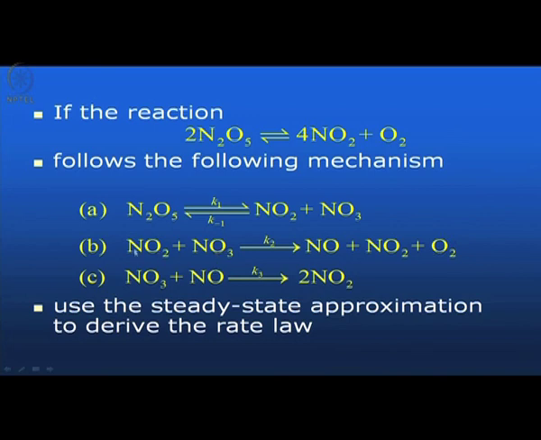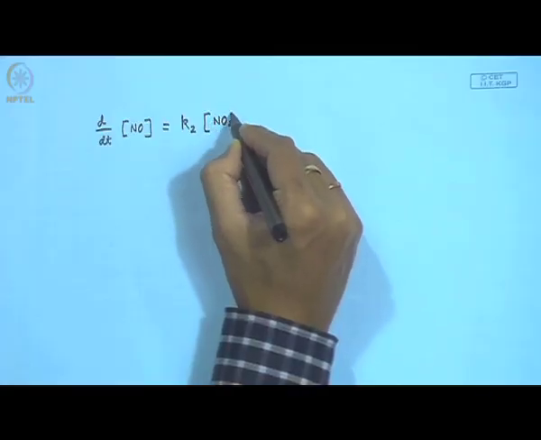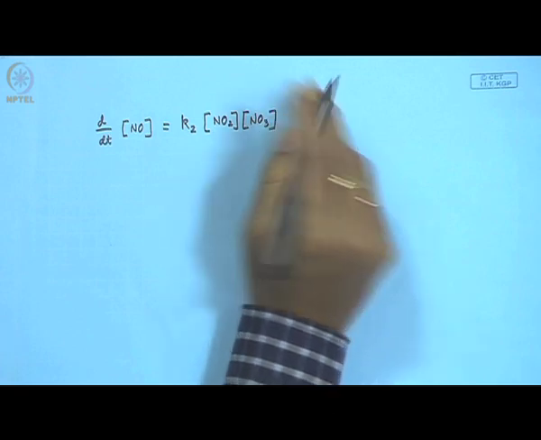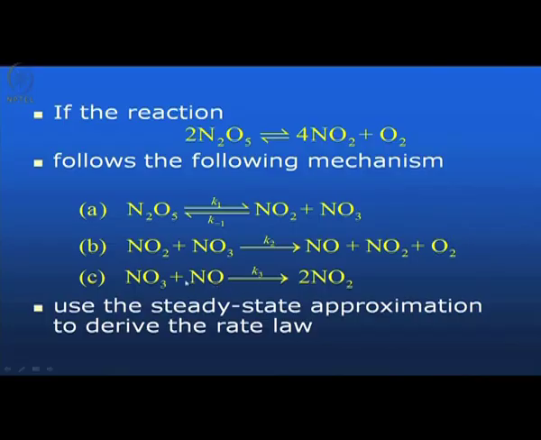Two concentration terms will be involved, NO2 and NO3. And here it is used up to produce some other product, so it should come with a negative sign because it is depleted.